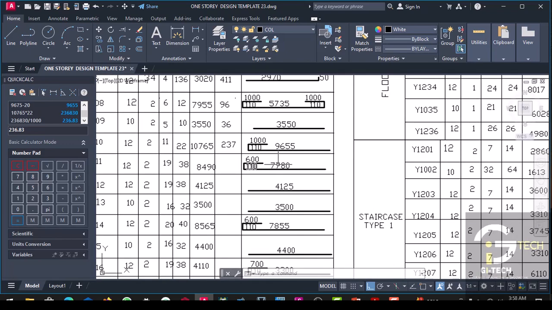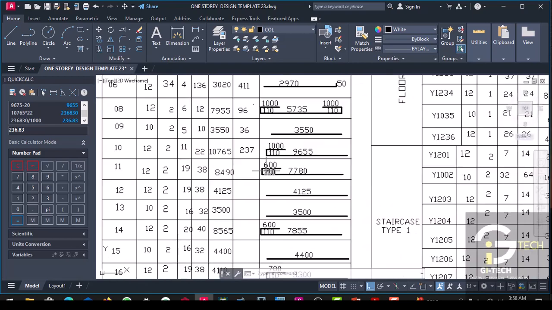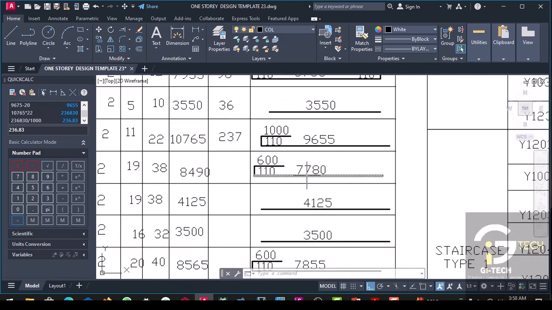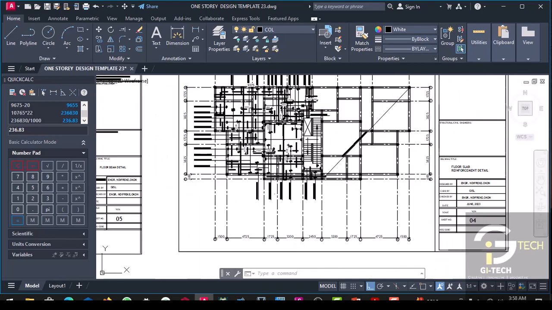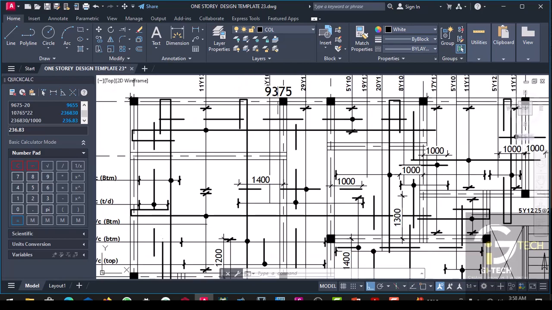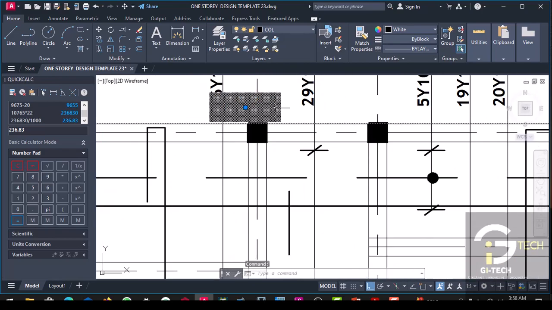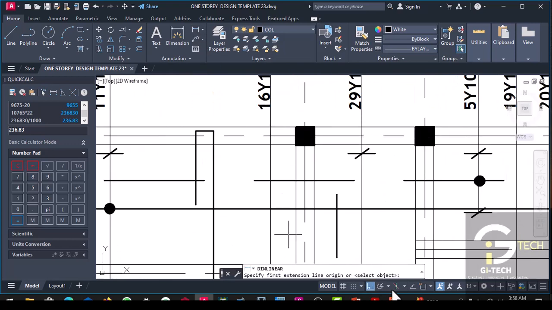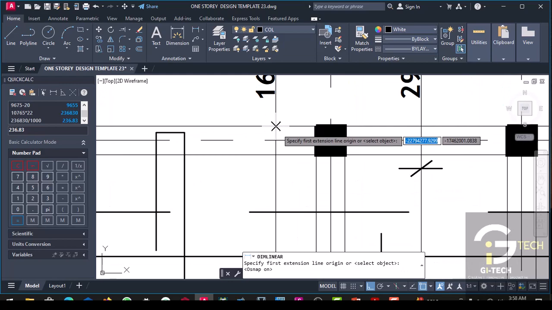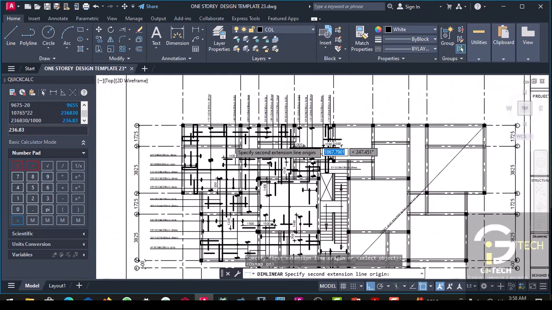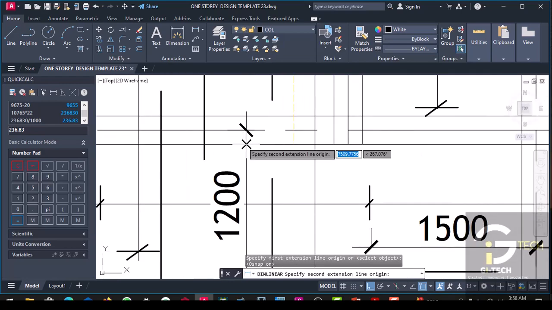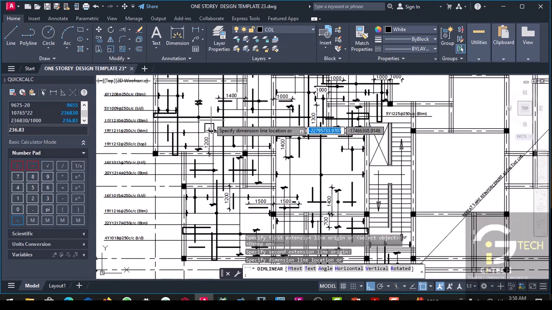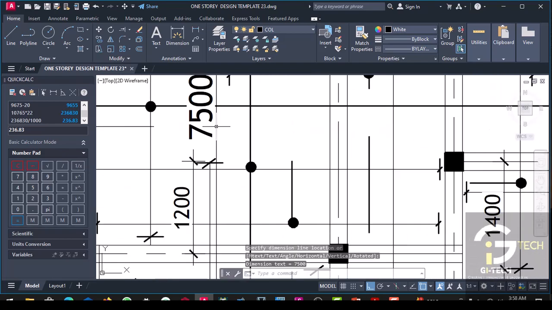Okay, so let's calculate the length of that shape. As we normally do, we pick our dimension from here to here. So we have 7,500.